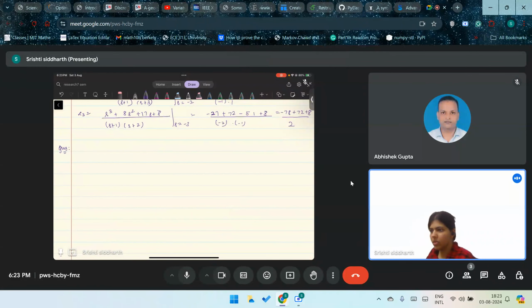Now let's move on to another example. It's a question. The transfer function is given like this. G of s is 50 times (1 plus s over 5) over s times (1 plus s by 2) times (1 plus s by 50).